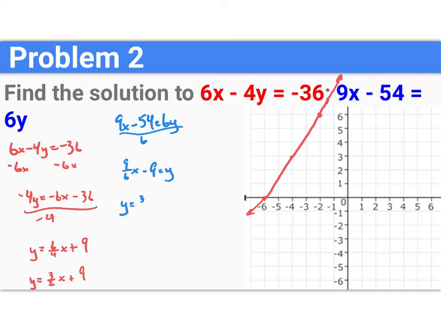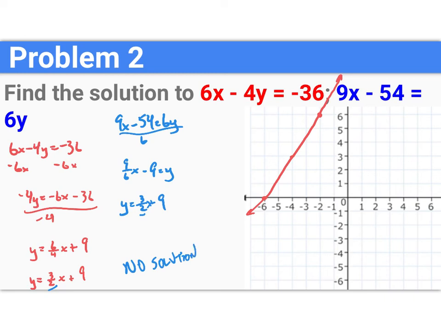Y equals 3 halves x minus 9. Wow, this is crazy. Okay, so let's see what we get here. I get the same slope and a different intercept, which means these lines are parallel, so there's no solution.